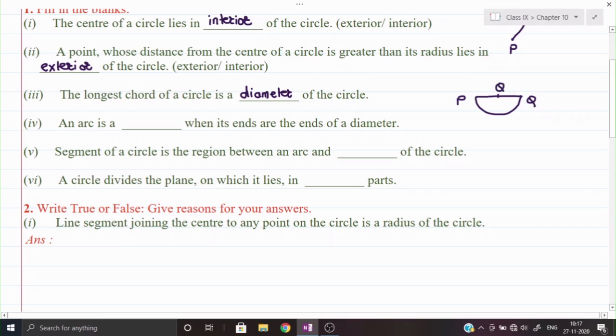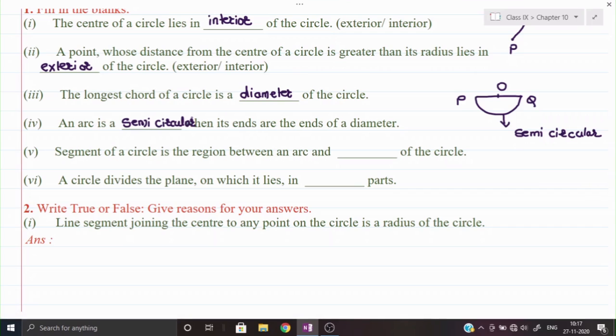If points P and Q are the end points of a diameter, then this kind of arc will definitely be called a semicircular arc, because this arc will not be a minor arc or a major arc. Okay, so here we will say that an arc is a semicircular arc when its ends are the ends of a diameter.